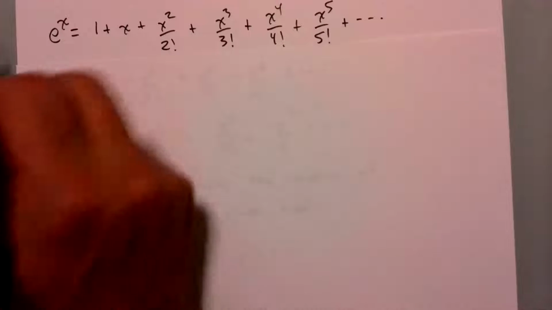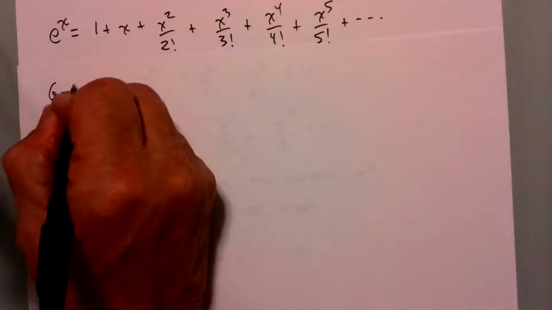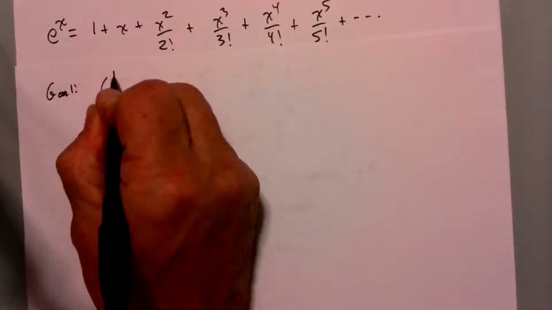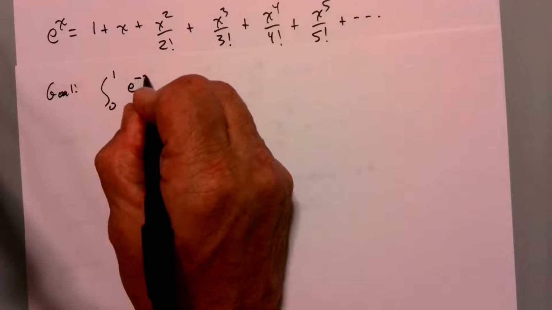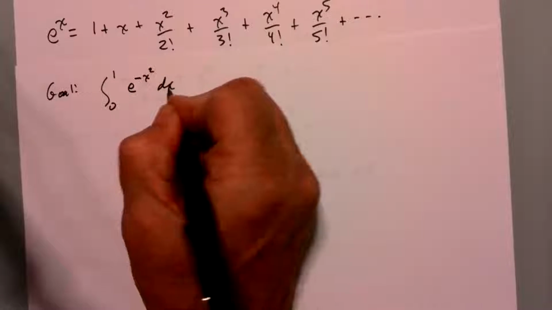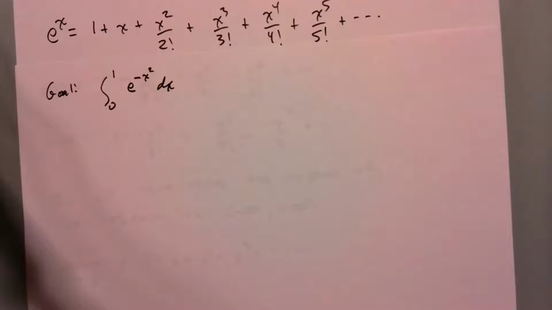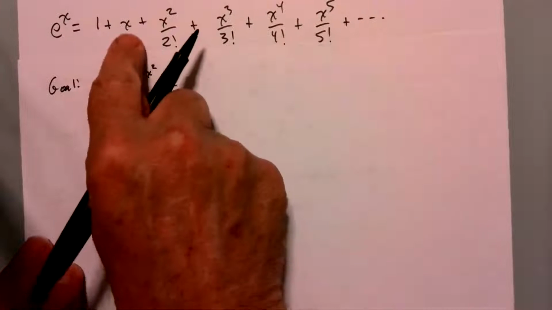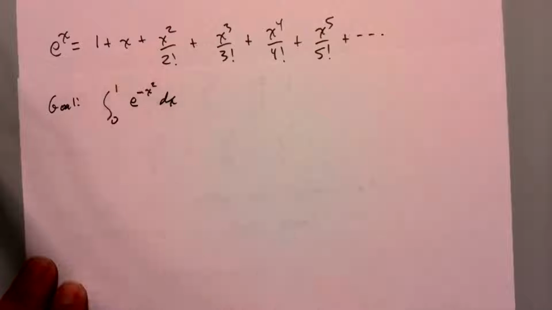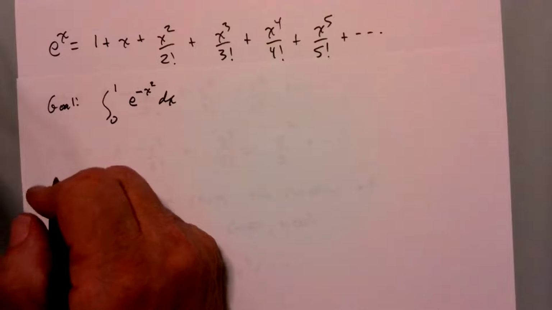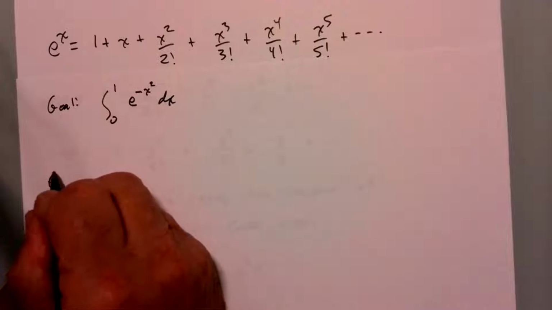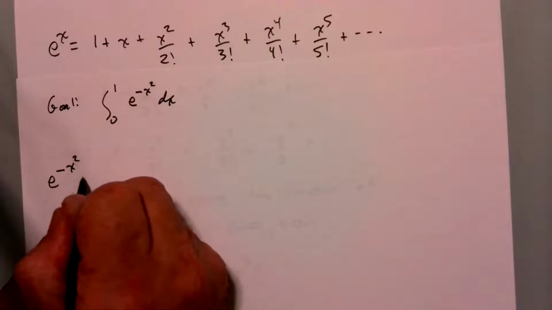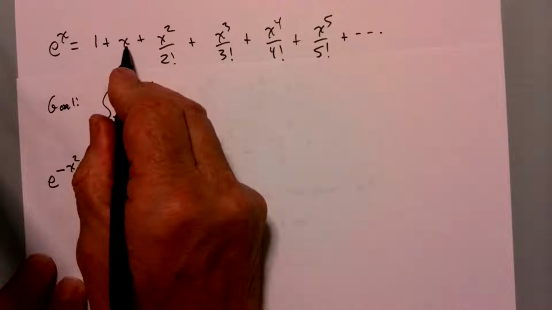So goal: let's find the integral from 0 to 1 of e to the negative x squared dx. To do that, I want to get an approximation for e to the negative x squared. I have e to the x here. So what will e to the negative x squared be? Replace all of your x's with negative x squared.